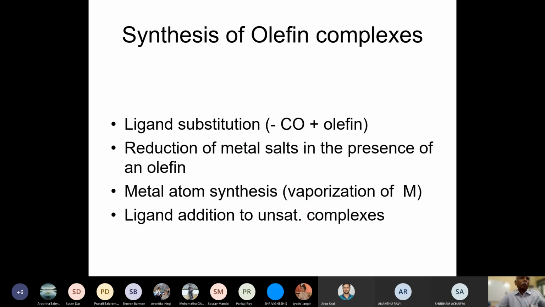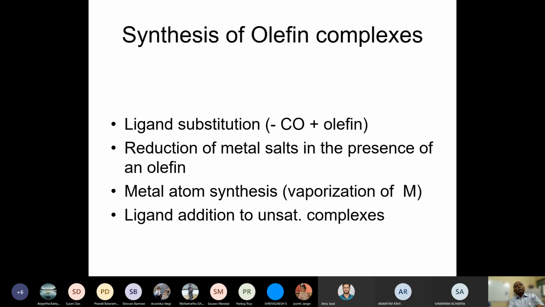So let me just go now, having done a brief discussion about the bonding. There is a lot of work that has been done, because when Dewar, Chatt, and Duncanson proposed this model, it was very unique in chemistry. And so a lot of fundamental work has been done in this area.